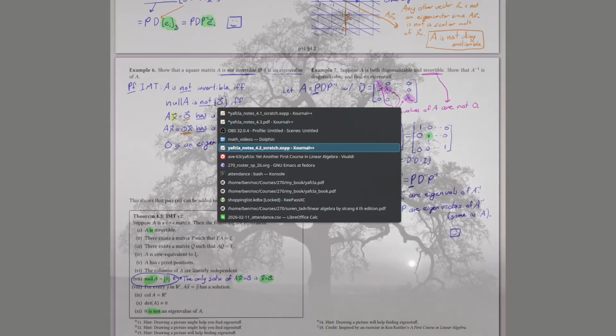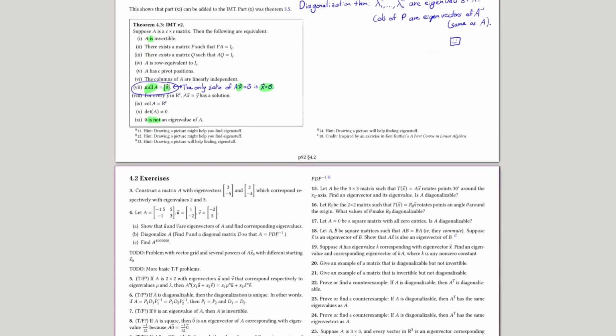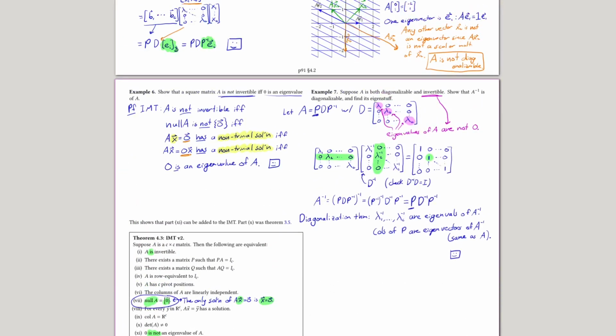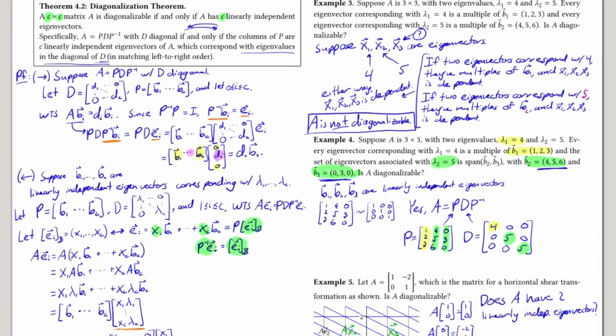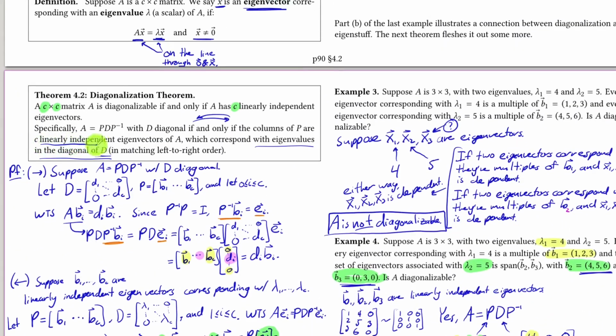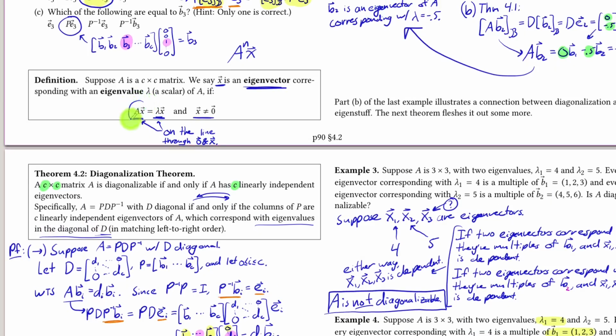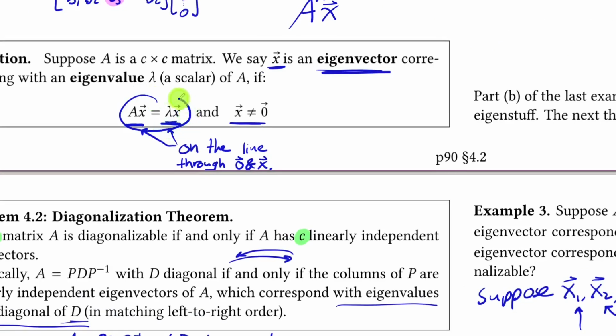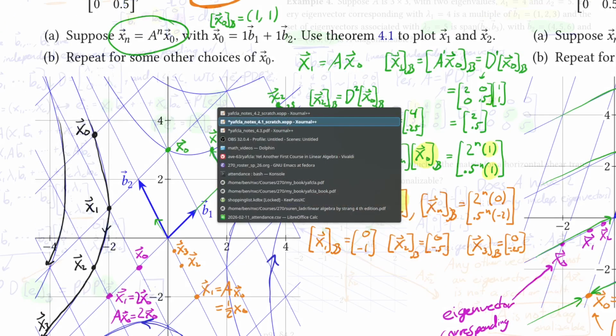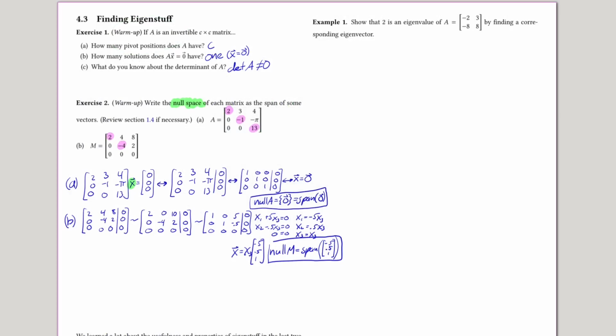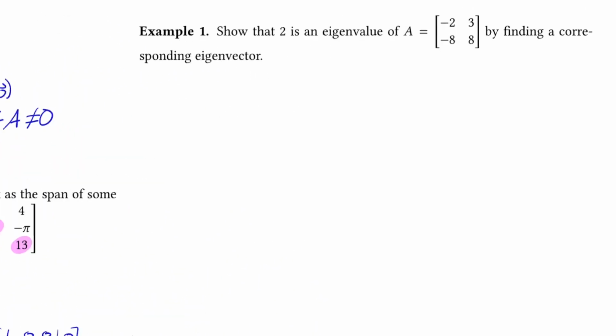And then in 4.2, we realized that those columns of P are the linearly independent eigenvectors of A, which correspond with the eigenvalues in the diagonal of D. That's using this definition of eigenvectors and eigenvalues, where your matrix A times an eigenvector is equal to the eigenvalue scaling that vector.